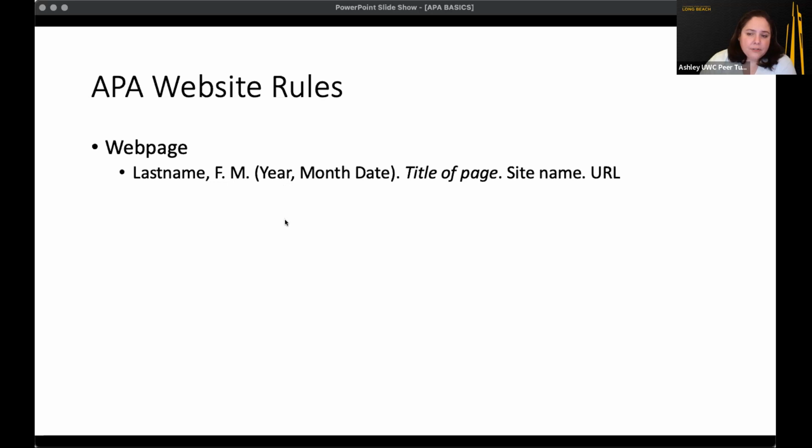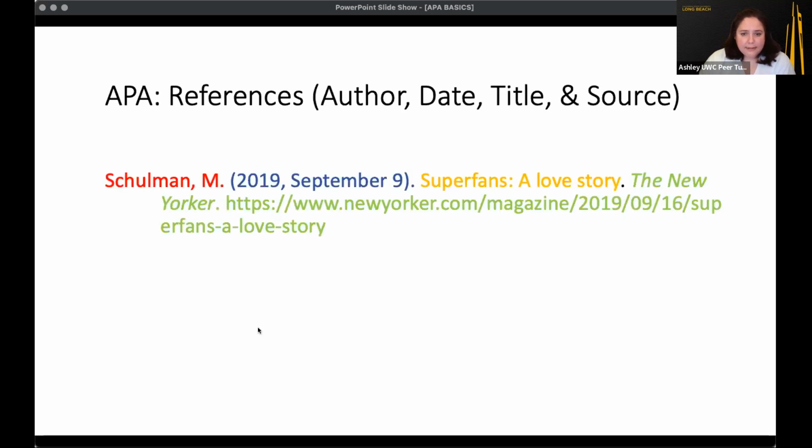Or if there's no year, put ND, and we'll look at an example of that in a bit. Then the title of the page or the article where you found some type of statistic or quote, the site name, and the URL.